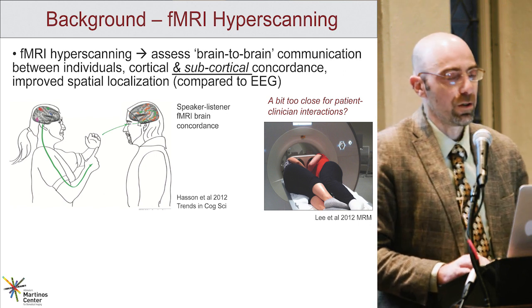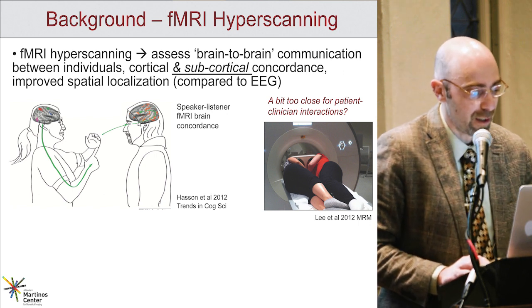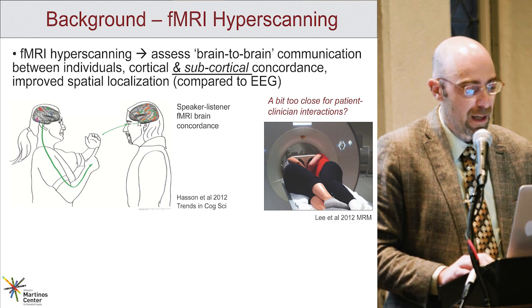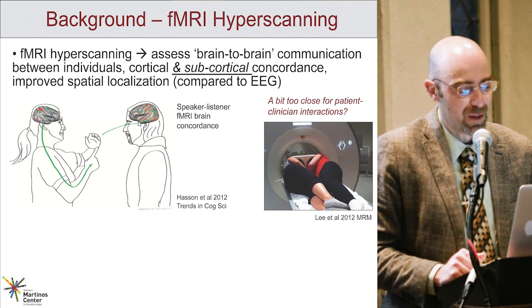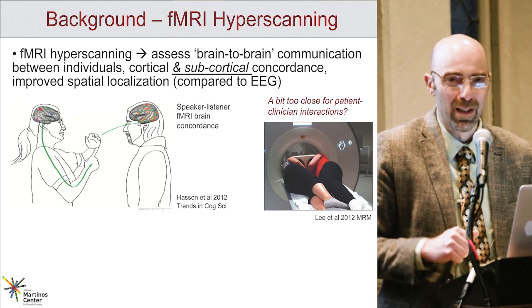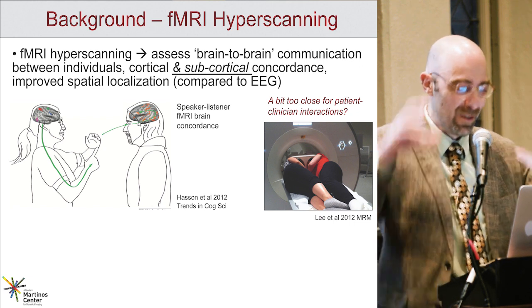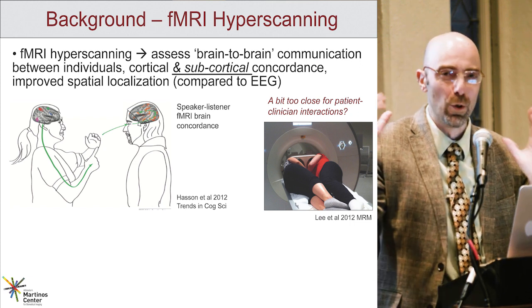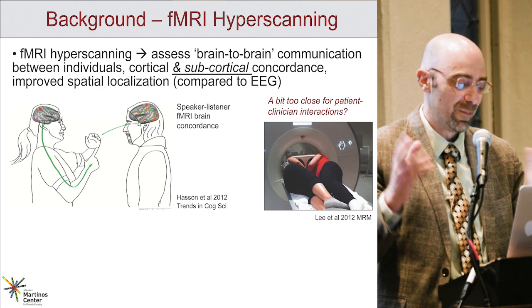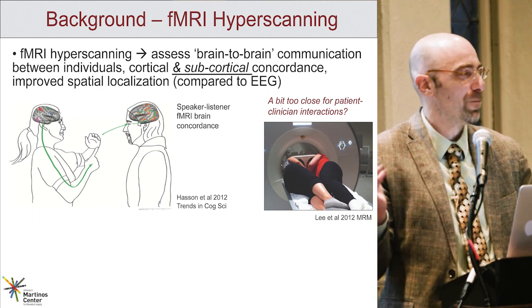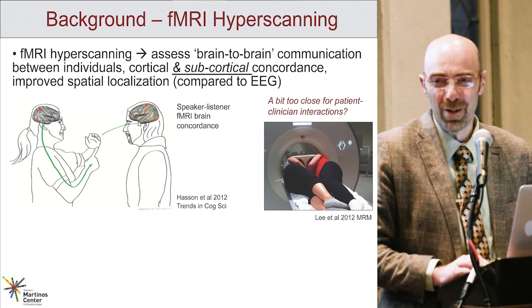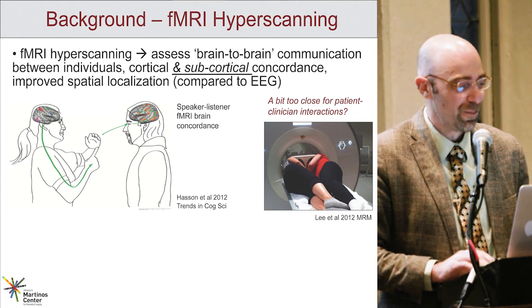So we wanted to look at functional MRI hyperscanning, which is technically quite difficult. People have attempted this. This was an attempt out of Princeton where they actually built a coil that had two different components, and you stick two people in this coil, but you can't really do this with clinicians and patients very well. So this was not a good solution.